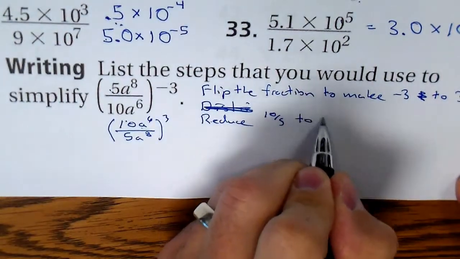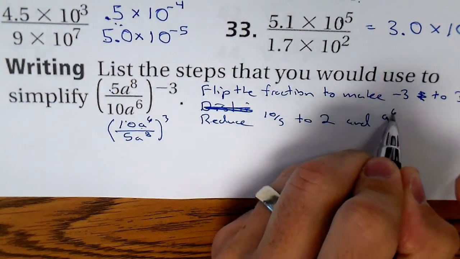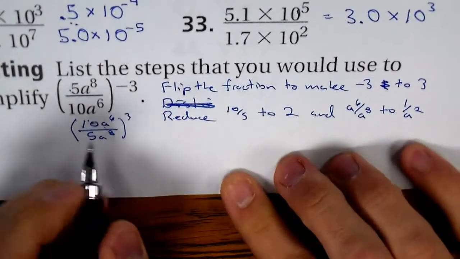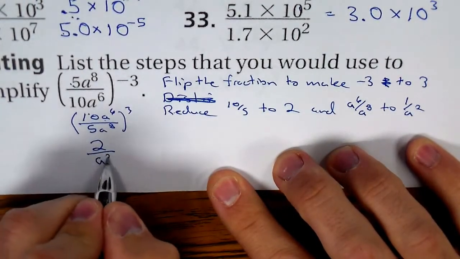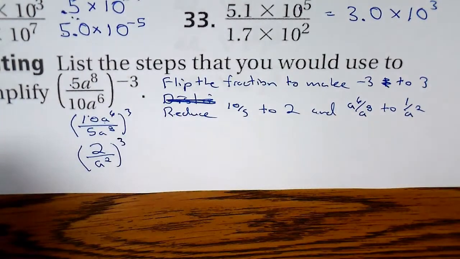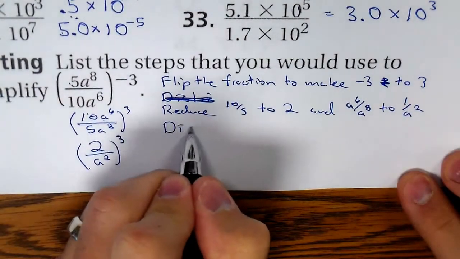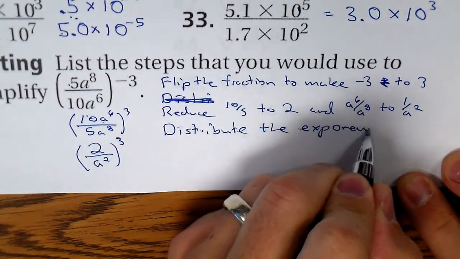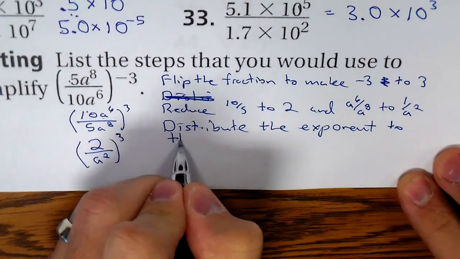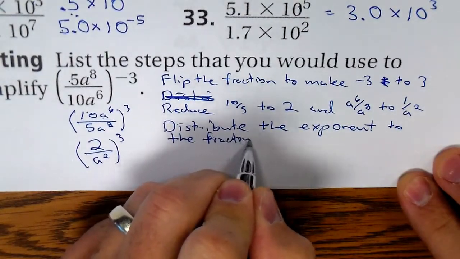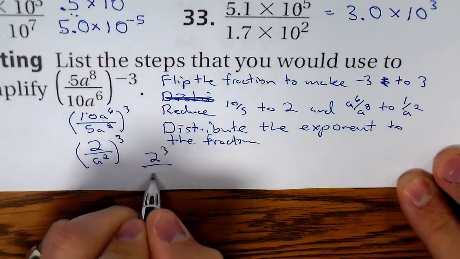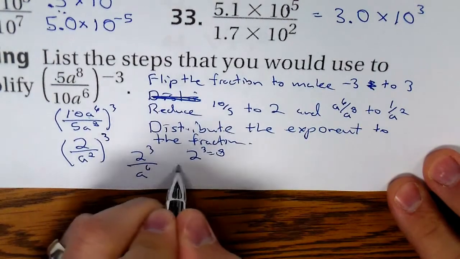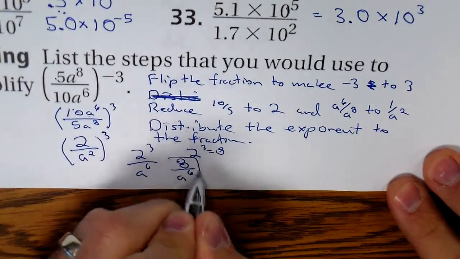So I'm going to reduce 10 over 5 to 2 and a to the 6th over a to the 8th to 1 over a squared. So now it's 2 over a squared to the third. Next, I'm going to distribute the exponent to the fraction. And I get 2 to the third and a to the 6th. And last, I'm going to do 2 to the third equals 8, and so my answer is 8 over a to the 6th.